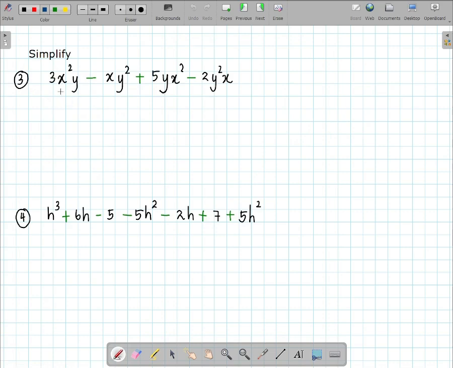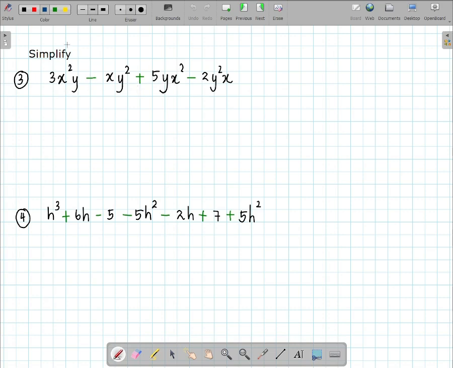Example number 3. 3x squared y minus xy squared plus 5yx squared minus 2y squared x. So first term is x squared y. Then we check, are there any x squared y terms? Yeah. Third term we have x squared y, that is 5.